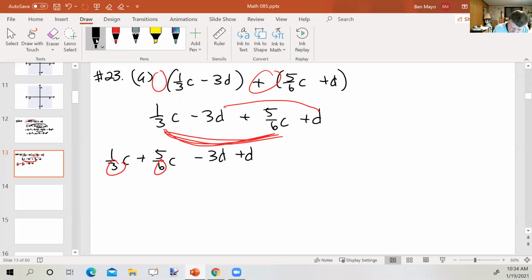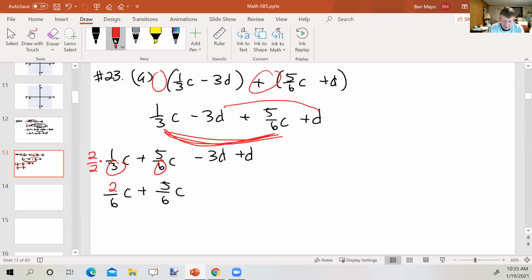So 1/3 c needs to be something over 6, while 5/6 c remains 5/6 c because it already has the common denominator. I need to convert 1/3 into something over 6, so I'm going to multiply by 2 over 2. So 2 over 2 times 1/3 becomes 2/6. So 1/3 gets built up to 2/6.